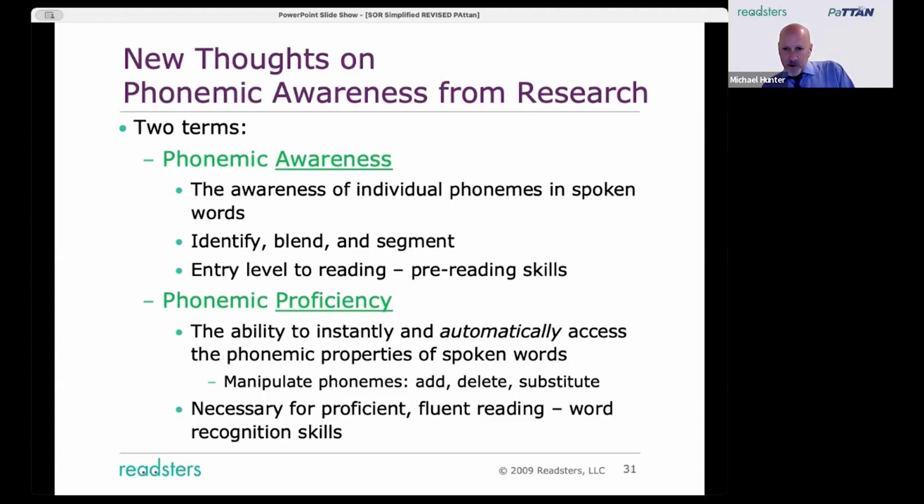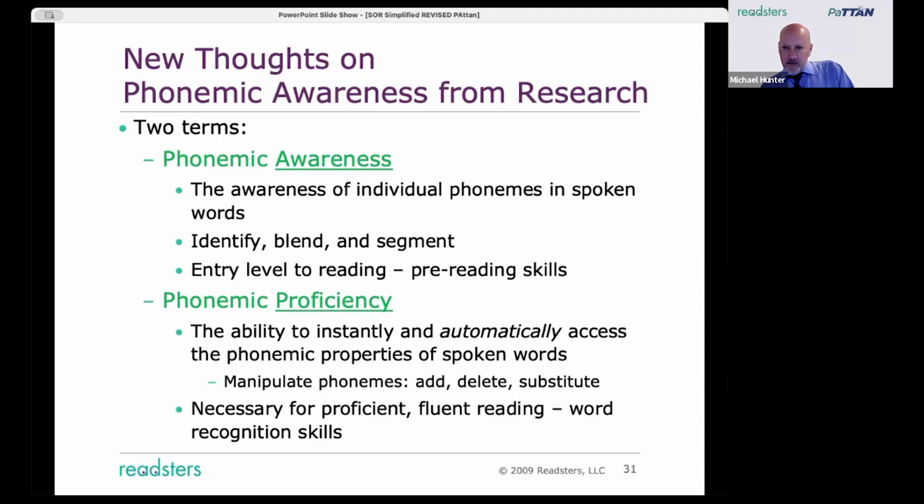Now, according to Kilpatrick, our readers fall into two camps: those that don't struggle and those that struggle with learning to read. And what Kilpatrick tells us, and I certainly have seen this in my personal experience, is struggling readers do not automatically develop the phoneme proficiency and must be taught how to manipulate sounds explicitly.